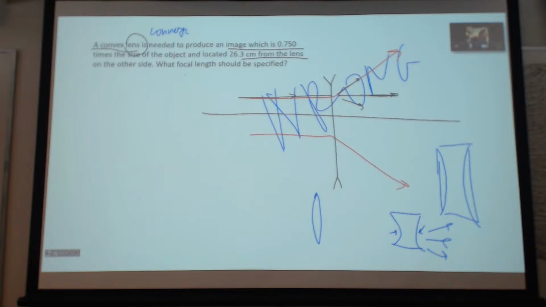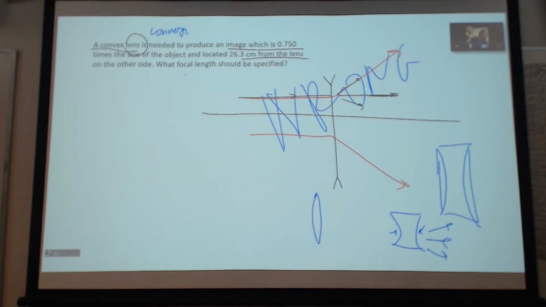So the question is, how can you achieve the situation in your problem? The object has to be placed very close to the lens, but not as close as mine.